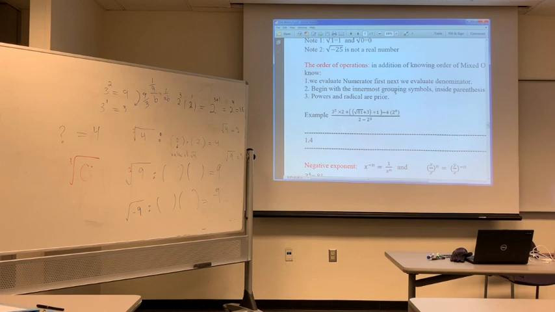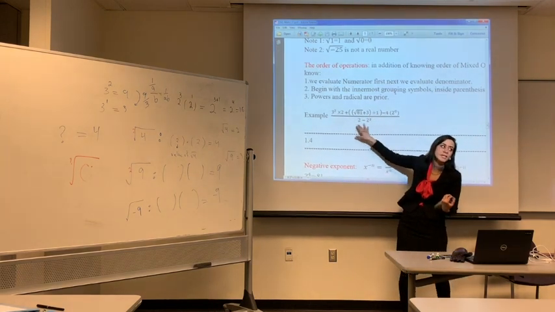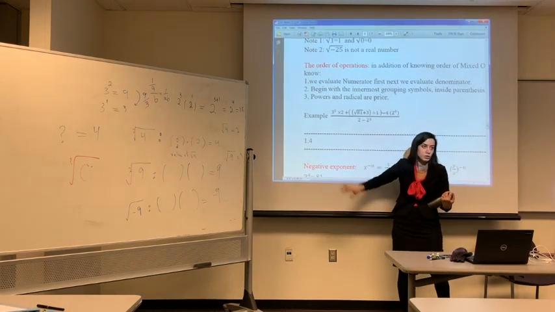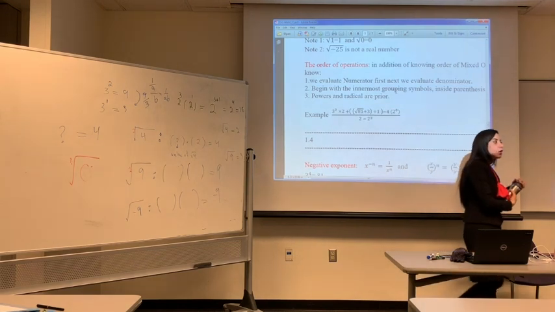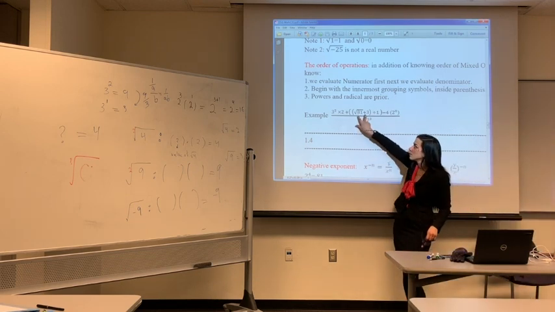It says evaluate the numerator first, the top part, calculate everything you have on top, and then calculate the denominator. Now that we are going to calculate the numerator, what is the priority? Always, always, always parentheses. This is a rule. Parentheses are always first. So we will calculate inside the parentheses.